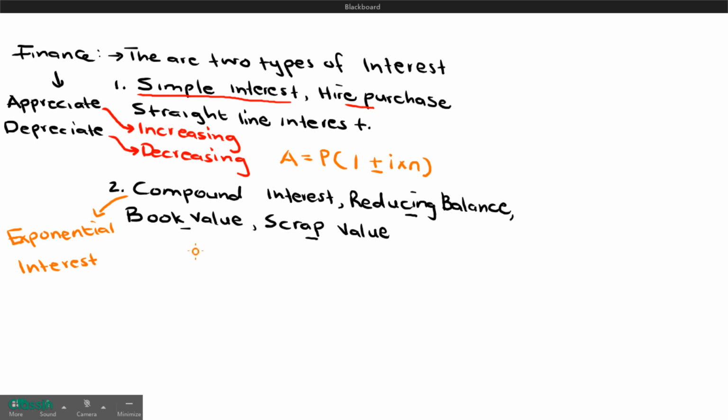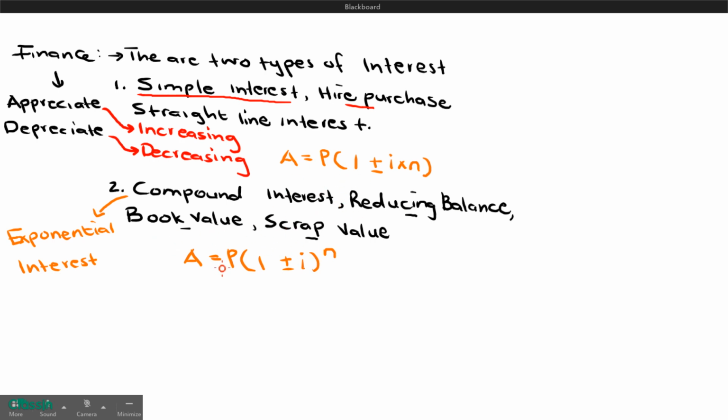This is defined by A equals P(1 plus or minus i) to the power of n. The reason why we say it's exponential interest is because it has got the exponent n. Now from here, we need to break down these two formulas.